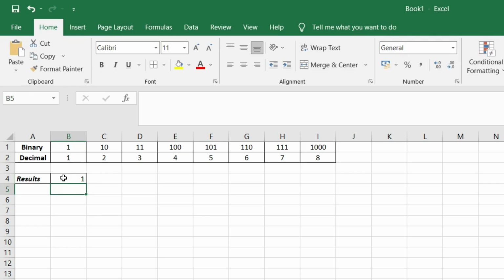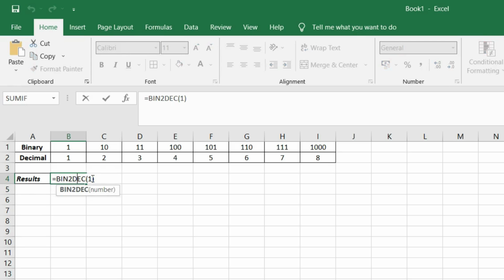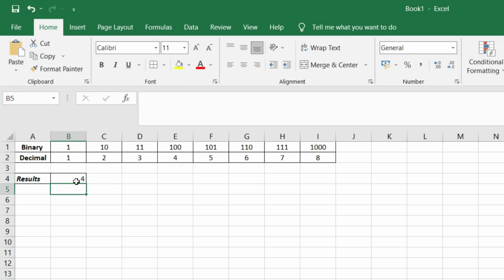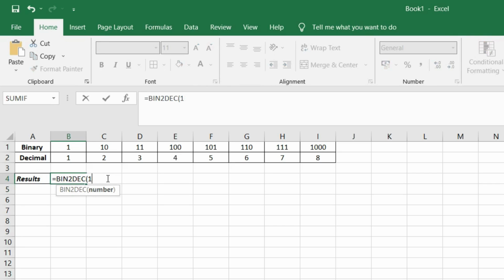Similarly, for 100, we use the same formula and get 4 as its decimal number. For the binary number 111, we get 7 as the decimal value.